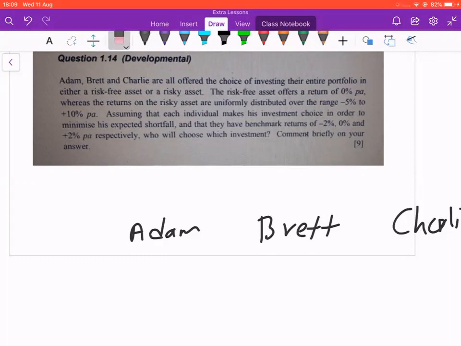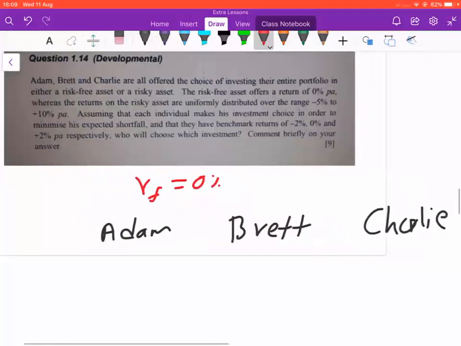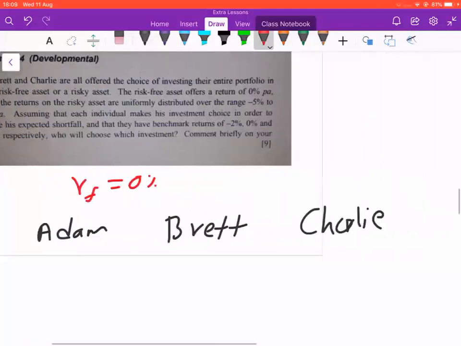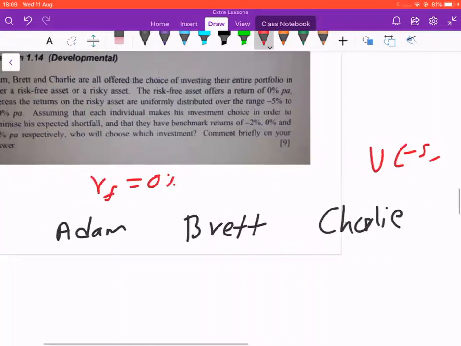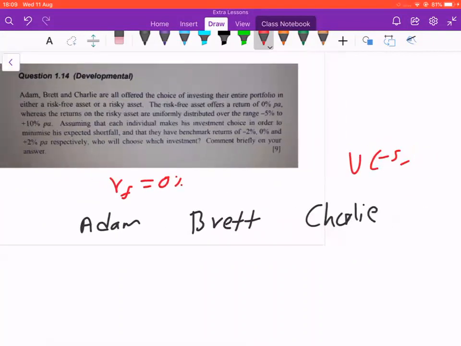The risk-free asset offers a return of 0%, right? Whereas the returns on the risky asset are uniformly distributed between -5% and 10%.